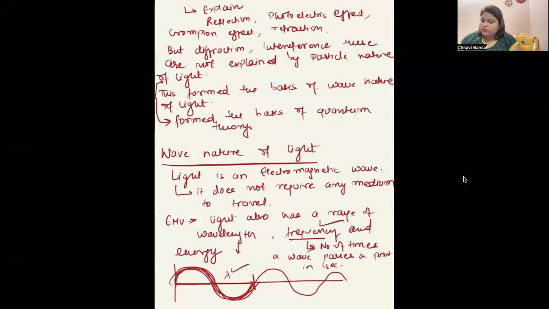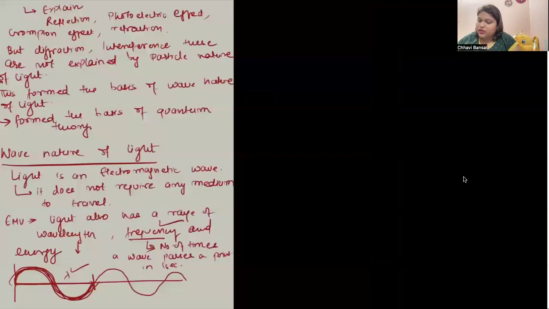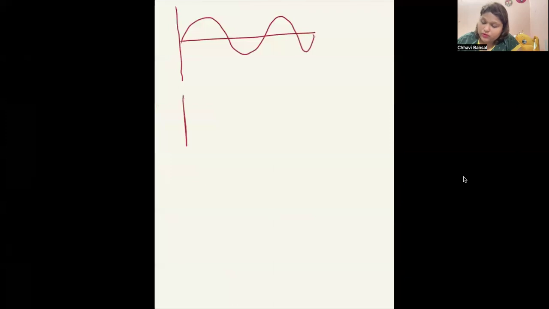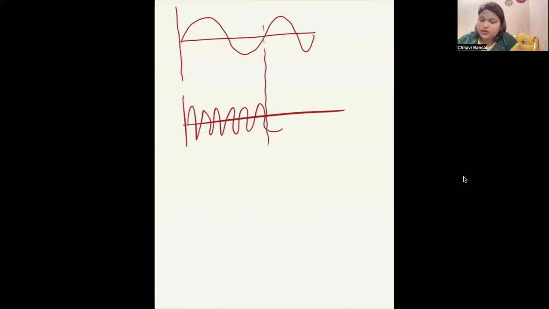Okay. Now, for example, this is one wave. This is another wave. So till this point, how many times? Here, 1 time only. Here, 1, 2, 3, 4, 5, 6, 6 times. So wave A has lesser frequency than wave B, right? It means B is traveling very, very fast. And very fast requires very much energy.